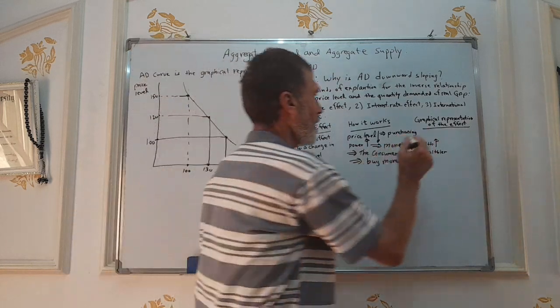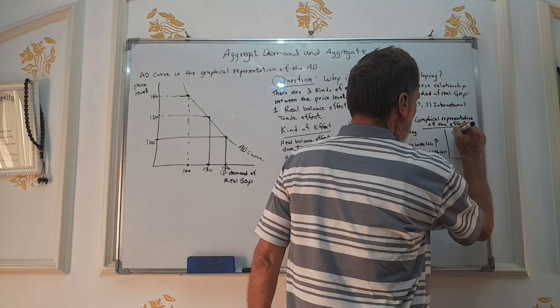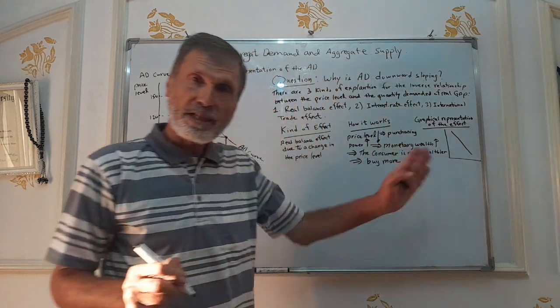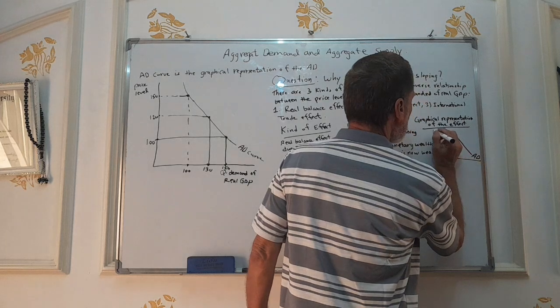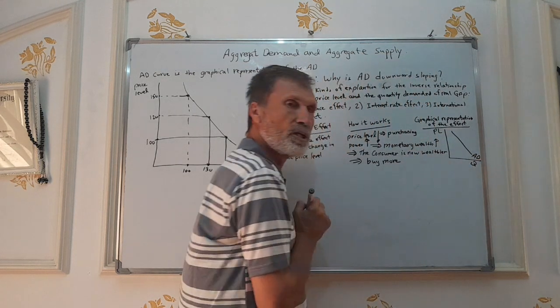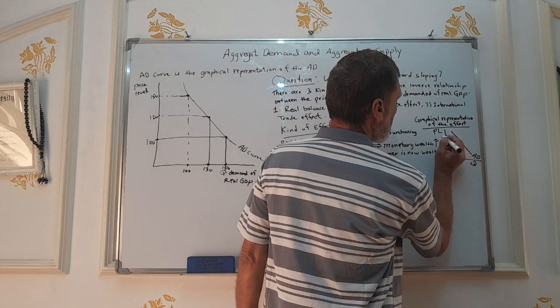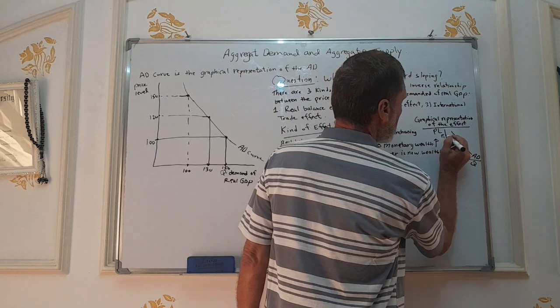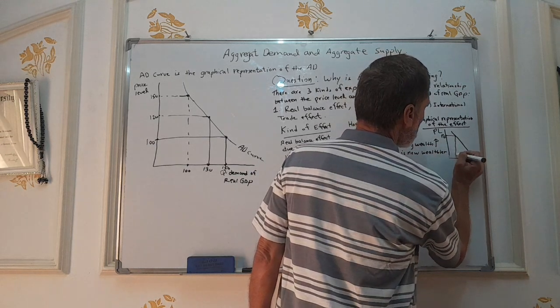Graphical representation, this is what you see here. The aggregate demand is downward sloping. This is the aggregate demand, this is the price level, and this is quantity demanded. When the price level is at P0, he purchases this much.